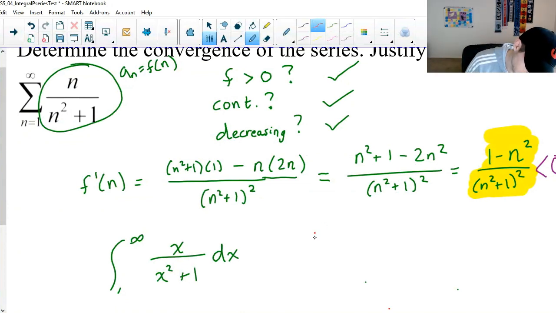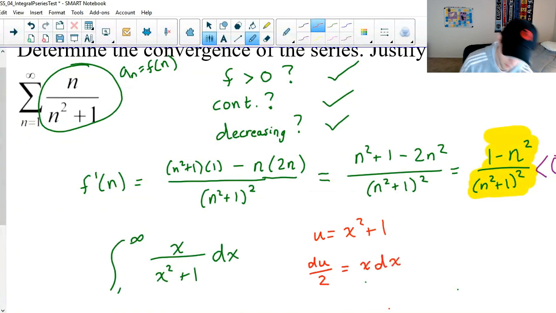So if I make a u substitution for x squared plus 1, take the derivative and then move the 2 over to the left, bring that dx over to the right.